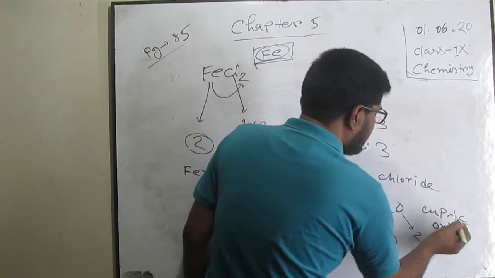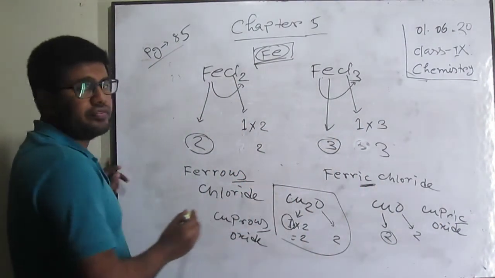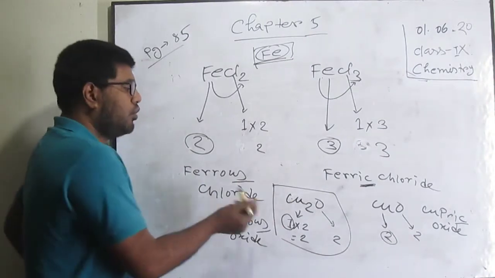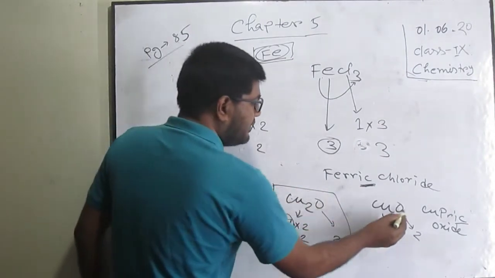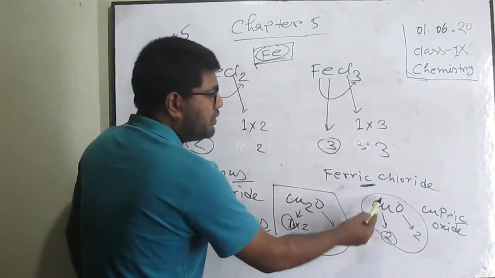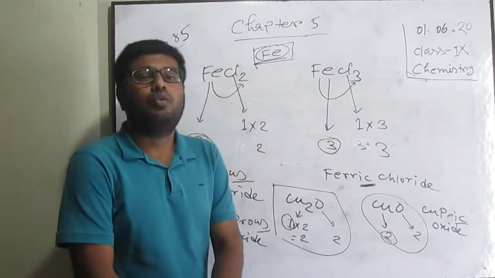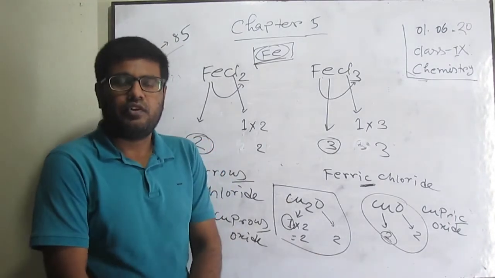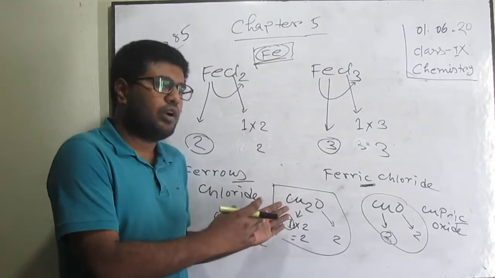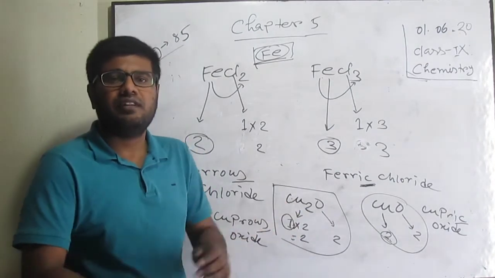Cupric means "ic" for the higher value and "ous" for the lower value of the valency of copper, where copper has variable valency. In some compounds it is 1, in some compounds it is 2. So we should think about what variable valency is. For the same element, the value of valency sometimes differs. So this is called variable valency.